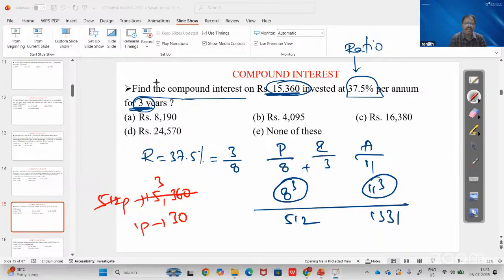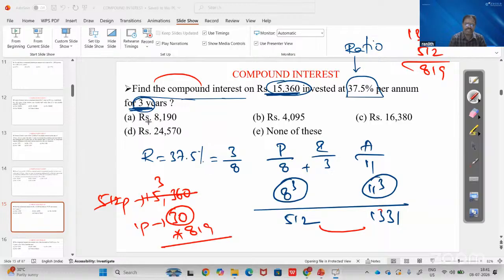We need to find out compound interest, which is nothing but difference of these two. What is the difference of these two? So 1331 minus 512 is equal to 819. So where one part equal to 30, 819 parts equal to, so 30 into 819, 8 threes are 24. So the answer equal to 24,570. By using ratio method, it will be very easy one.